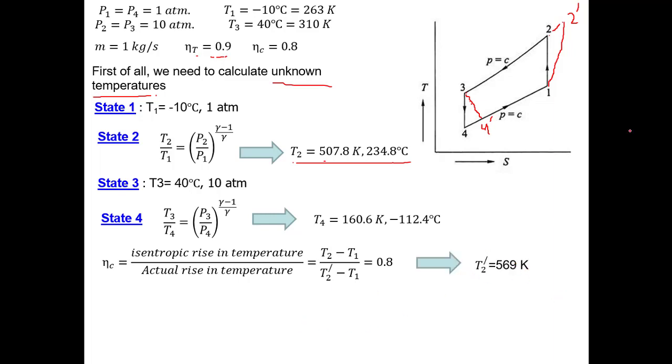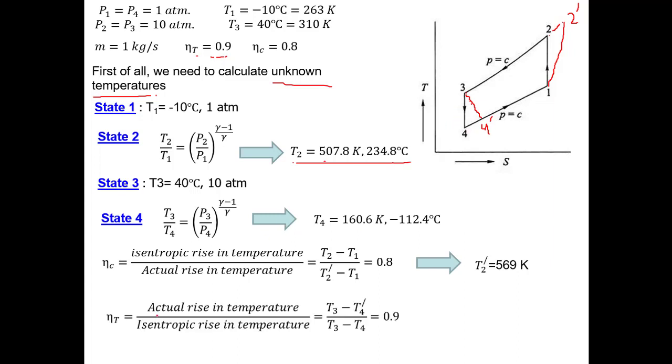Likewise, we can apply for the expander or the turbine. For the turbine, the isentropic efficiency is reversed to this one: the actual temperature drop divided by the isentropic temperature drop. Here we know T3 and T4. The only unknown is T4 dash. If we put all the values, we'll get T4 dash equal to 569 Kelvin. Now we have calculated all the unknown temperatures.